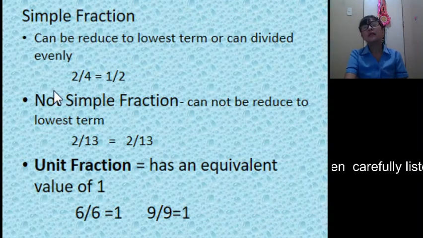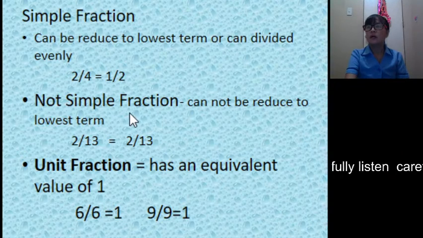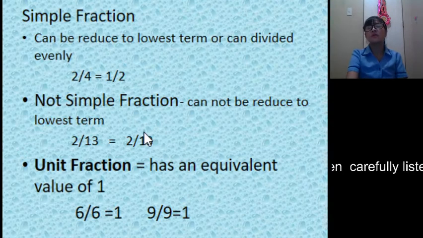Actually, there are 3 kinds of fraction: the proper fraction, the improper fraction, and the mixed fraction. I would like to add unit fraction as another kind of fraction. Unit fraction has an equivalent value of 1. This is our example: 6/6 is equivalent to 1. 9/9 is equivalent to 1.